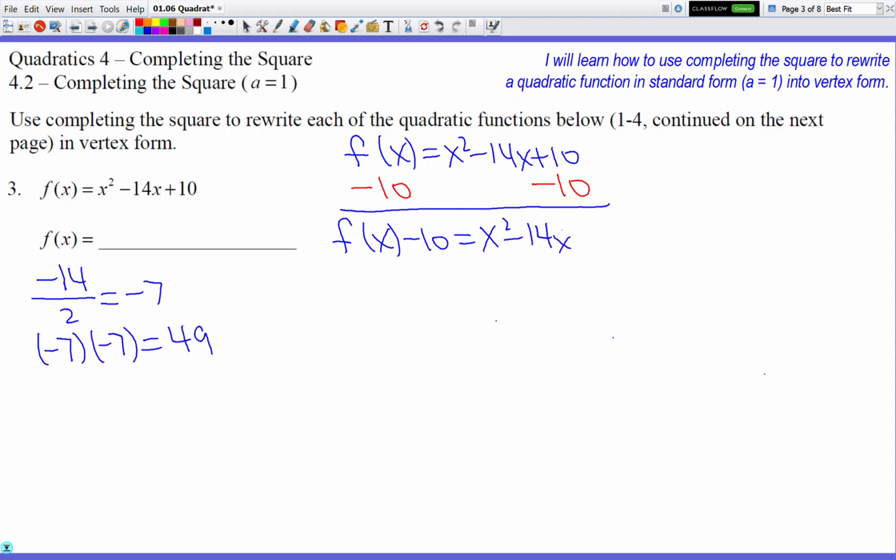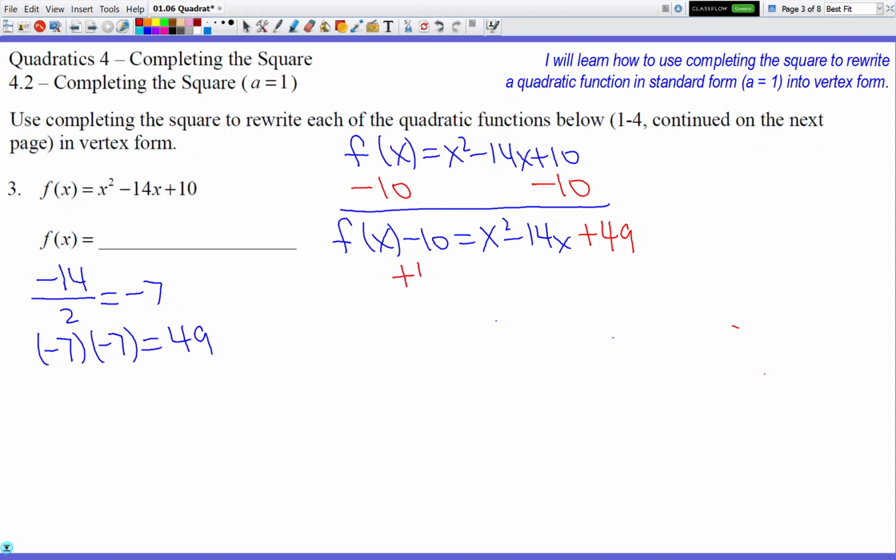Okay, so now 49 has its shot. It can go stand right next to the negative 14 because nobody is standing there, so 49 can stand right there without anything bad happening. So we're going to put the 49 there, but we got to remember, if I put something on the right side, I have to put the exact same number on the left side.